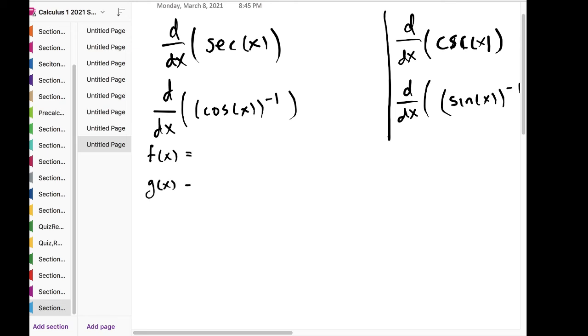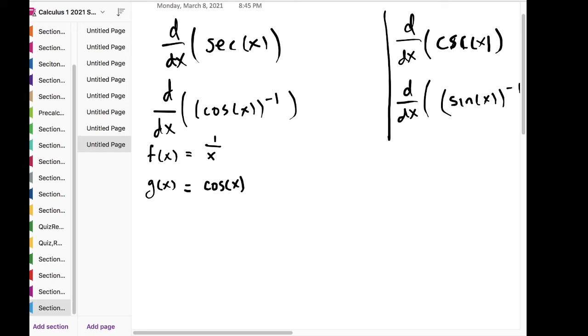What's the outside function? So what is the function you plug in, and what are you plugging into? Yeah, so 1 over x, good, is the thing you're plugging into, and what you're plugging in is cosine.